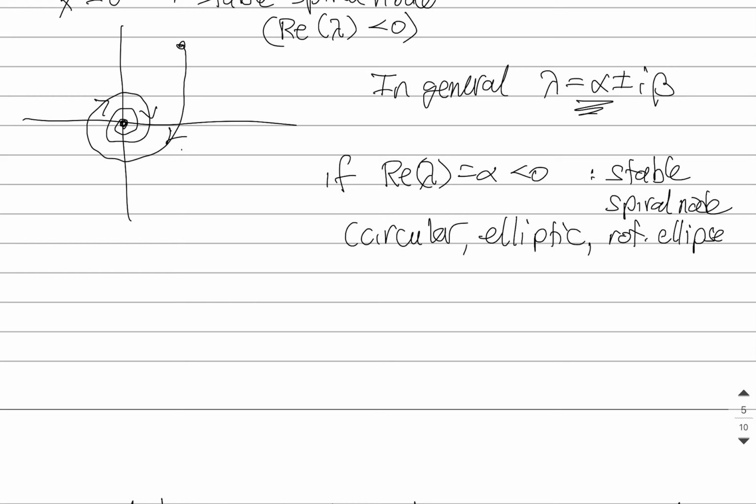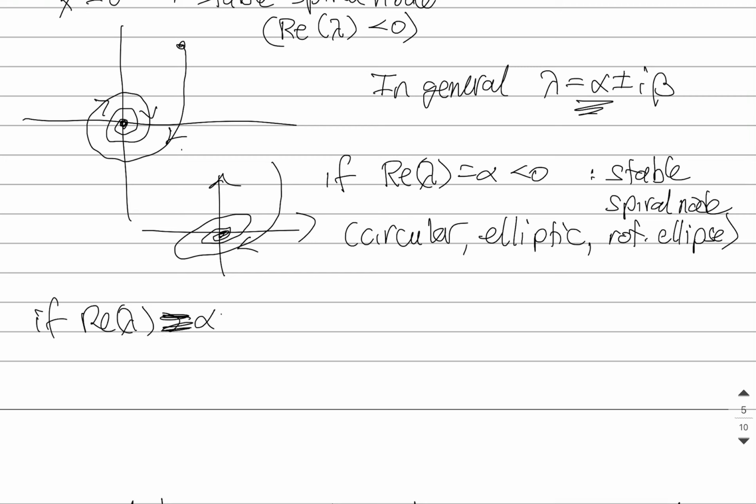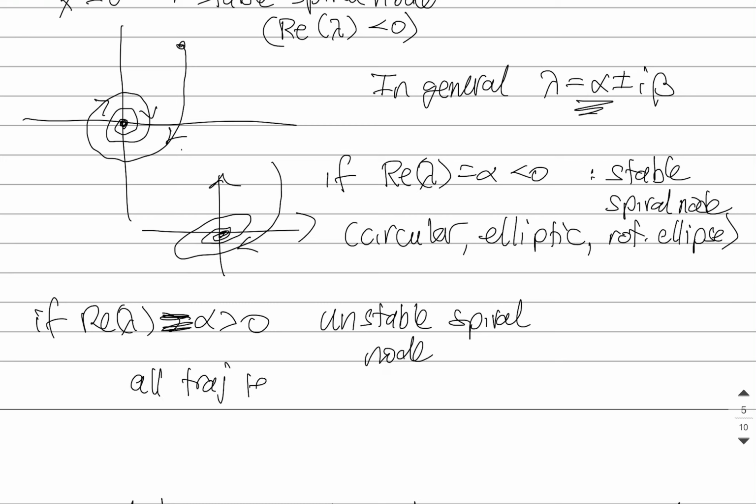It doesn't matter, but what will be important is that they will all spiral in to the origin. And if the real part of this lambda, which we're calling alpha, is greater than 0, we'll have what's called an unstable spiral node, because all the trajectories will leave x equals 0 as time goes to infinity.